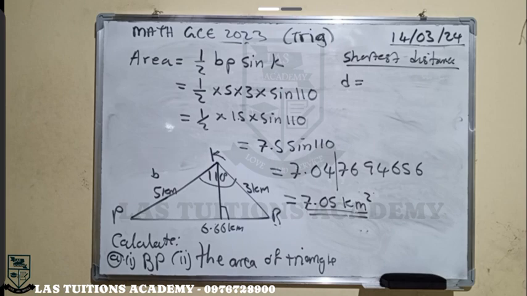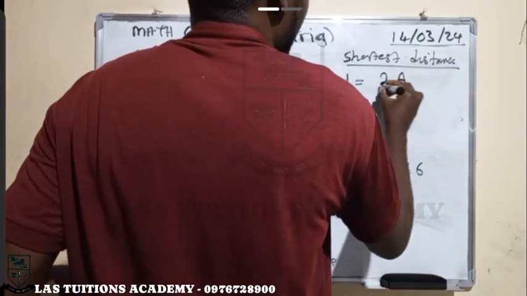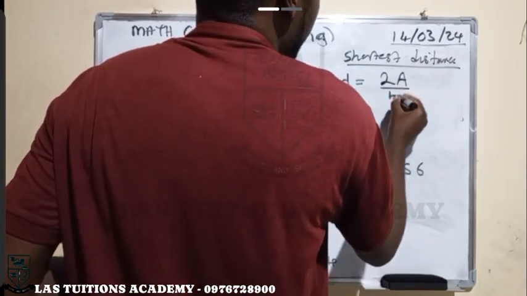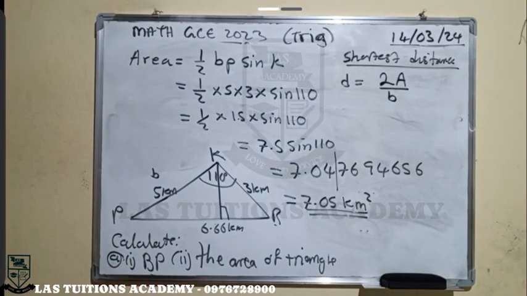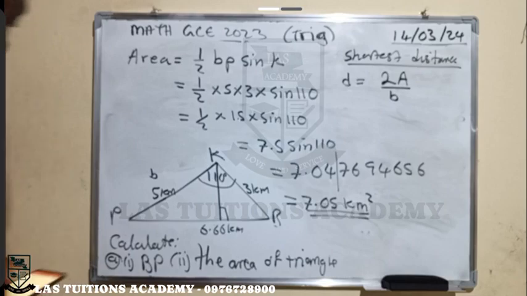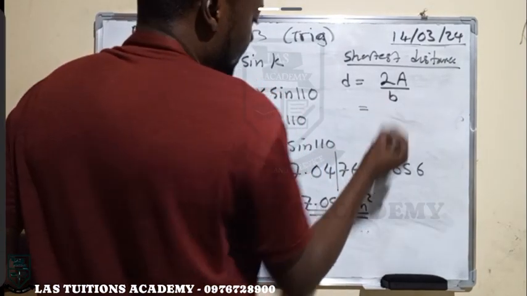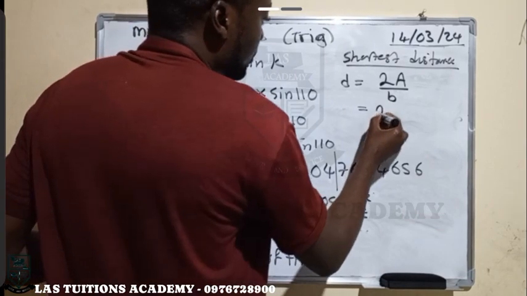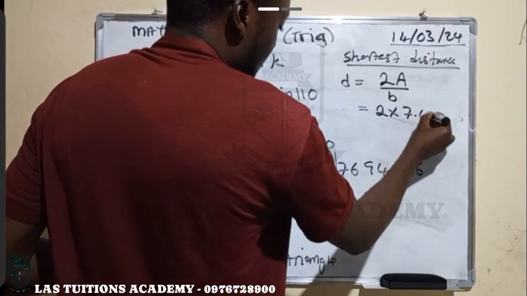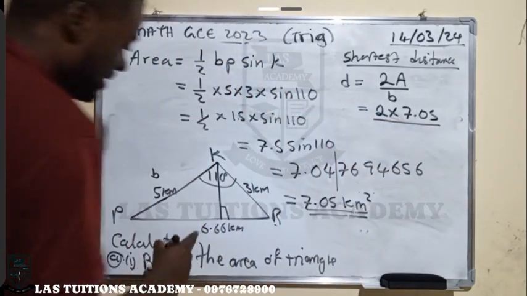Okay, so I said D is equal to 2A over B. That's what I said the formula is, where A is the area and B is the longest side, which is our base. So this is going to be 2 times 7.05, which is our area, over B, which is 6.66.